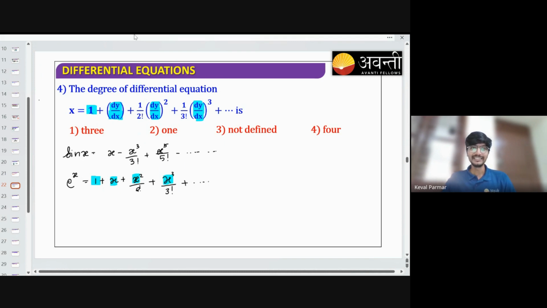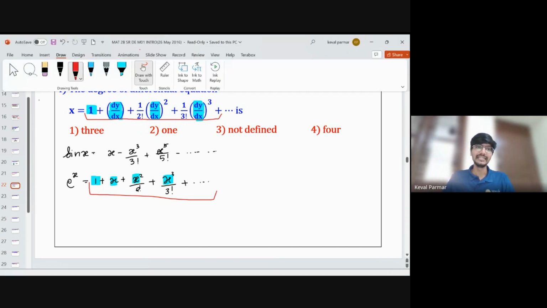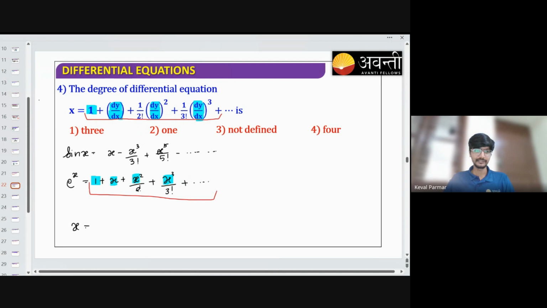So basically this expansion is the same as this, just instead of x we have dy over dx. That means I can write the given expansion as x is equal to e raised to the power dy over dx.